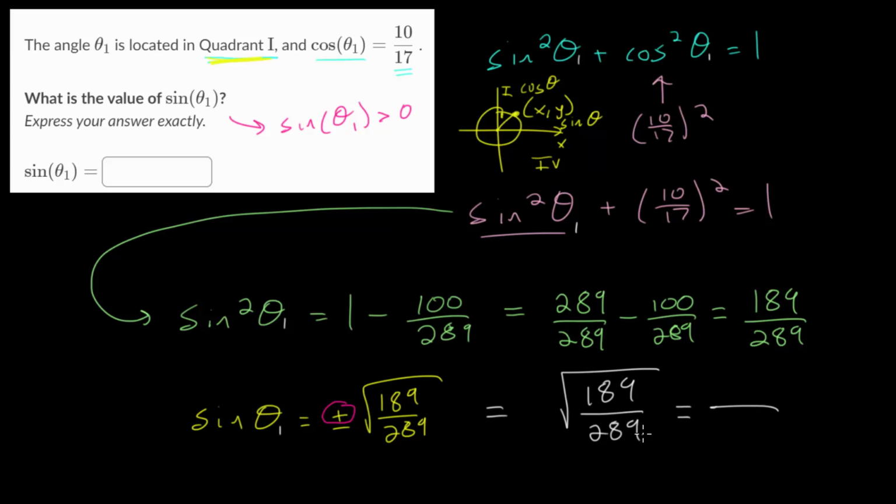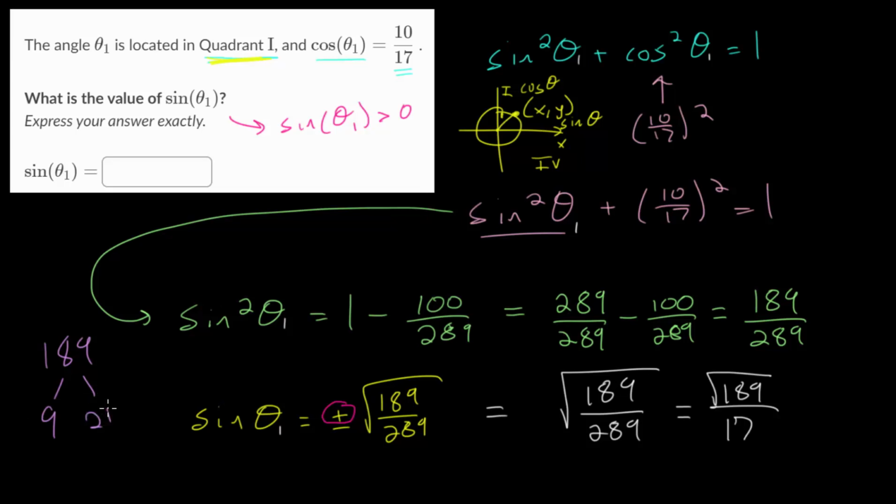And the square root of 289, we already know, is 17, since 17 times 17 is 289. And the square root of 189, we can simplify that, but it's not a perfect square. So if we look at a tree for the square root of 189, it is divisible by 9 since its digits add up to 18, which is divisible by 9.